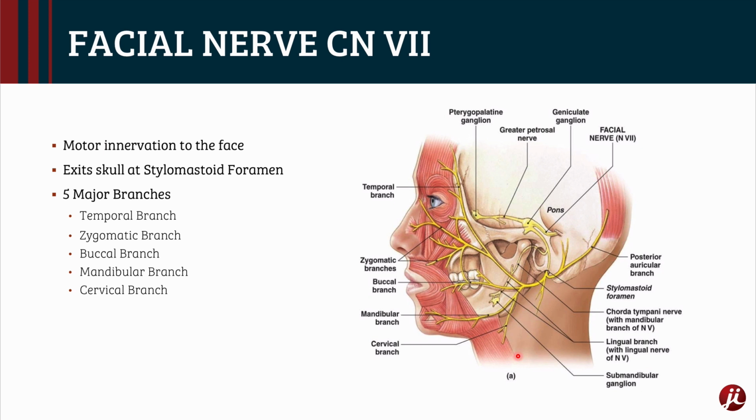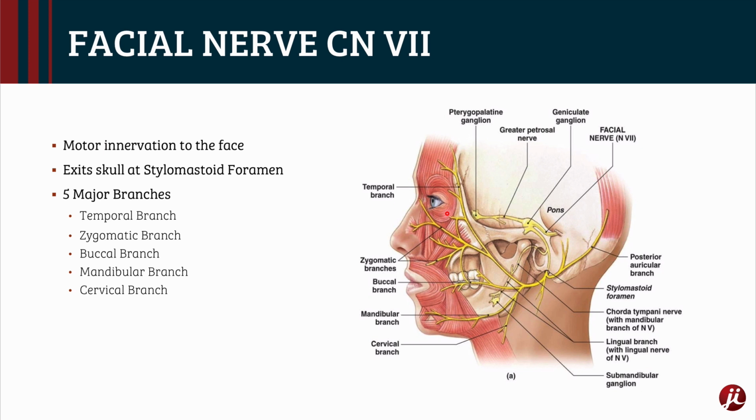So again, this is actually one of the more interesting nerves to see in dissection, because these nerves are so small. Yes, they do have these 5 branches, but they have so many other branches that are just splaying out towards all the areas of the face, providing the motor innervation for all the facial muscles.